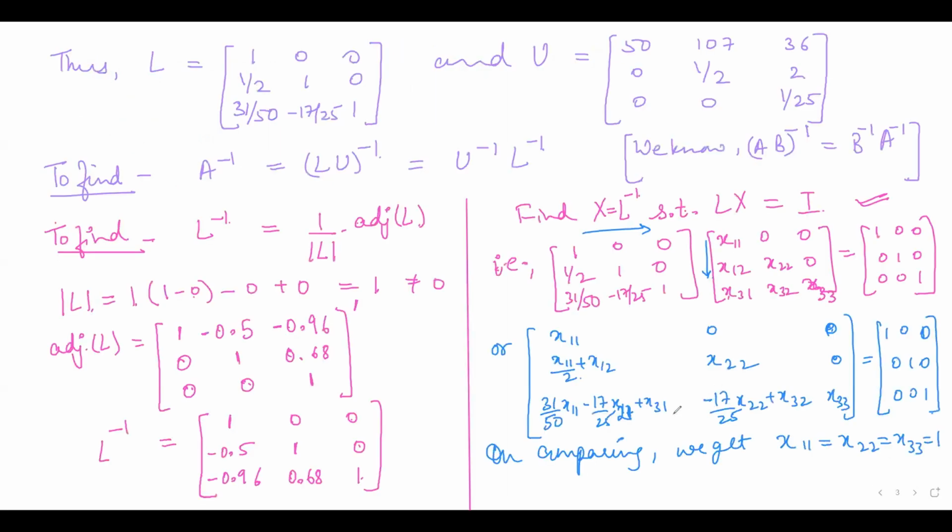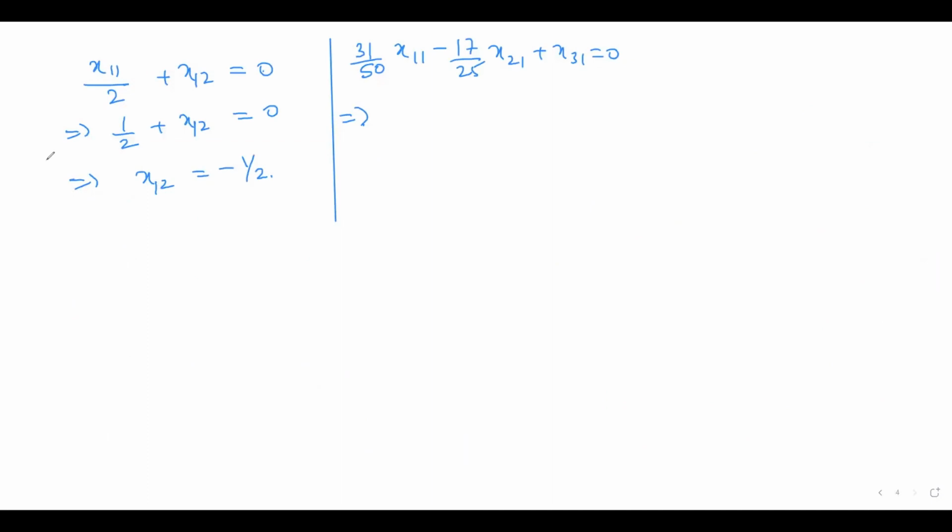So this is equivalent to, just a second. We were doing this x, I'm so sorry. This is x21 plus x31, right? So 31 upon 50 multiplied by 1, because here we are getting the value as 1 only, minus 17 upon 25, x21 is minus half, plus x31 is equal to 0.